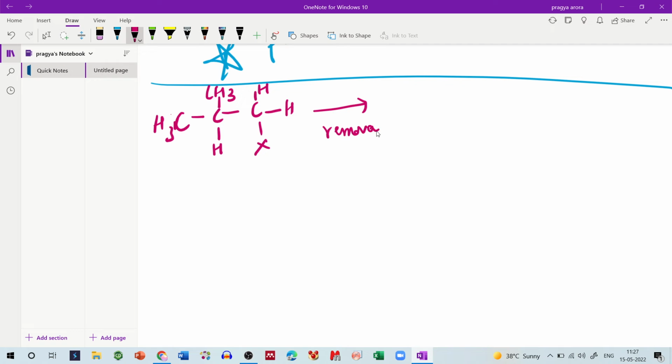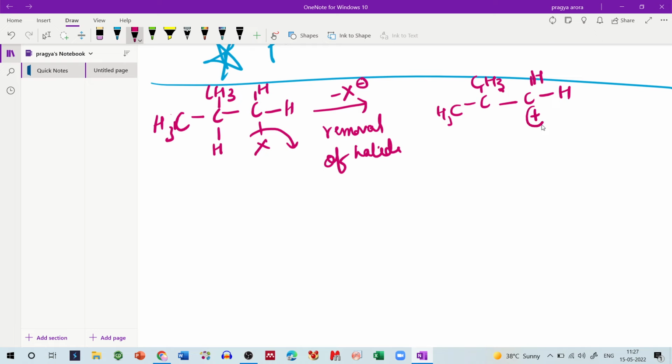Removal of the halide, the removal of the leaving group. This X leaves, minus X. What will generate? A carbocation will generate. Now this is a primary carbocation.